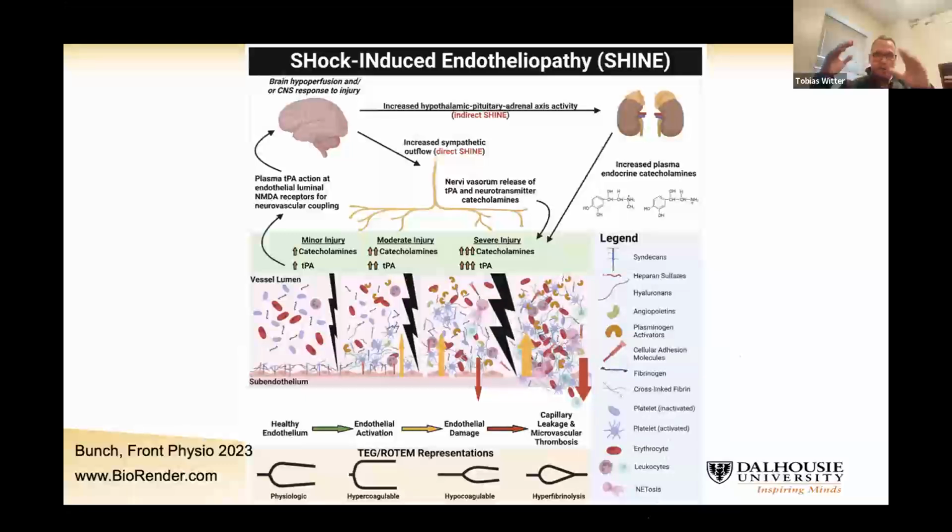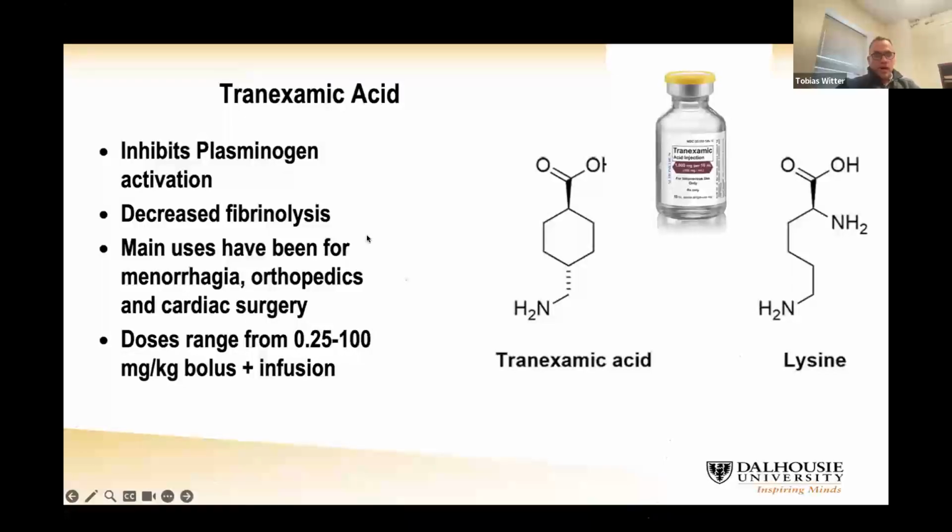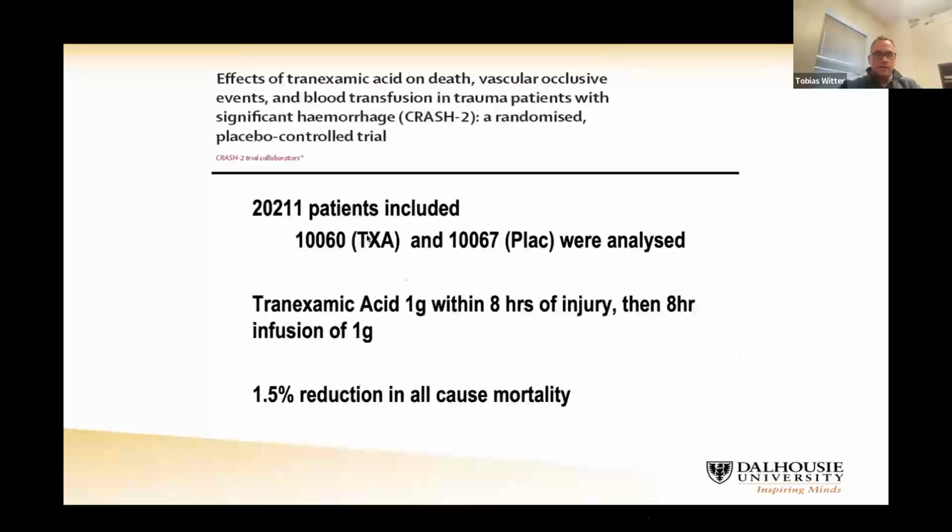So we form clot and we break the clot down. But in trauma, we really want to form clot. And a huge burden of TPA does not help, because it breaks down all the clots that we just formed. So that's the rationale for using tranexamic acid in trauma patients. That goes back to the CRASH-2 trial, one of the largest trials in that area, with over 20,000 patients.